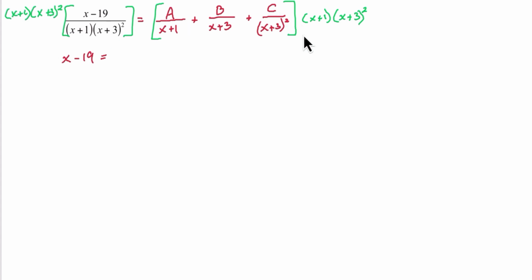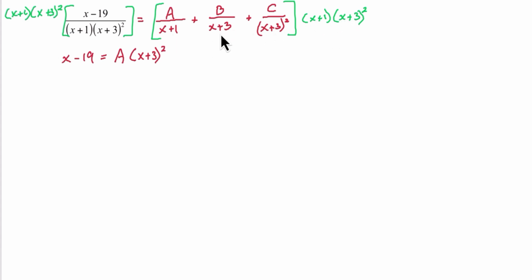And then on the right side of the equal sign, we need to do some distributing. LCD times the first fraction. Notice that when we do that, the x plus 1 goes away, leaving us with A times x plus 3 squared. Then the LCD times the second fraction.